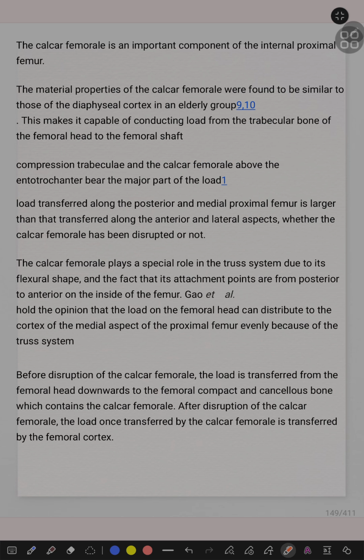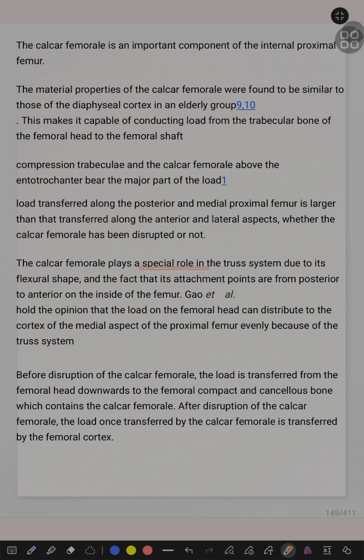The load transferred along the posterior medial proximal femur is larger than that transferred across the anterior lateral, whether the Calcar Femorale is disrupted or not. Meaning, whether the Calcar Femorale is there or not, the posterior medial side gets the most load, so because of the Calcar Femorale we transfer that load to the anterior lateral side so that it balances.